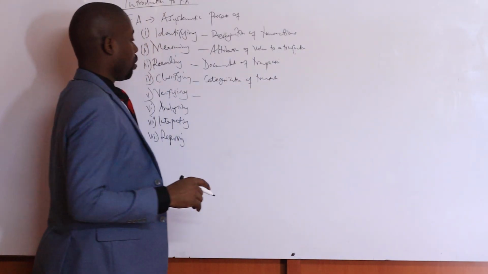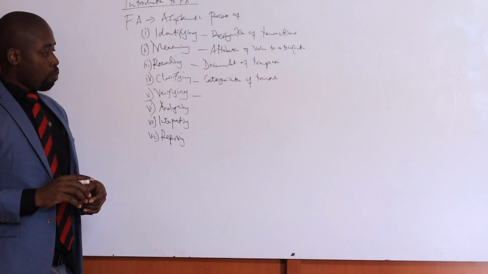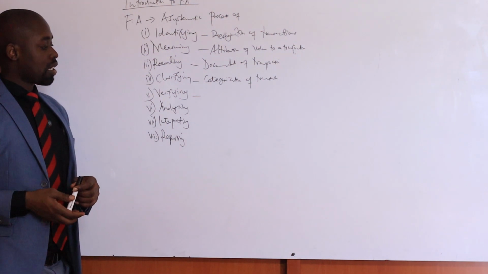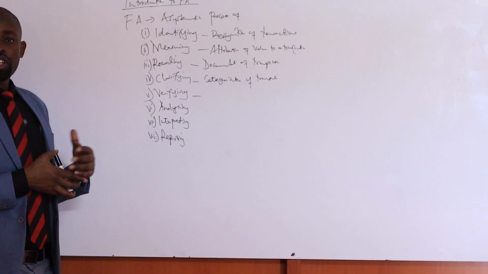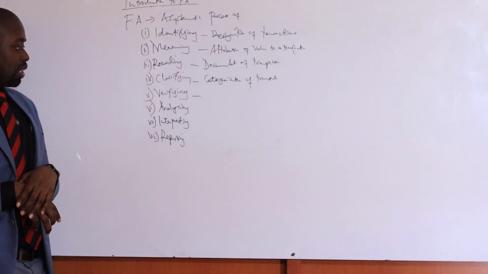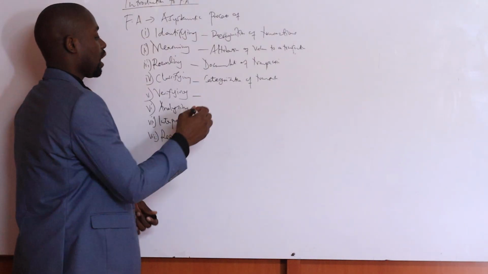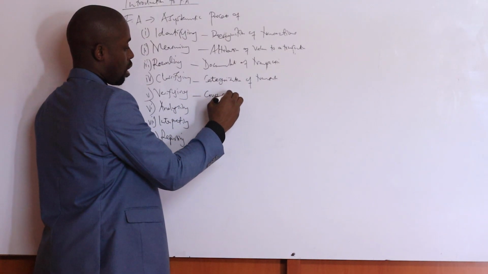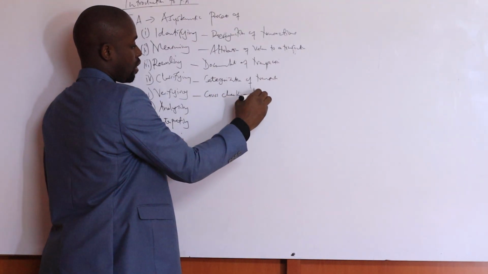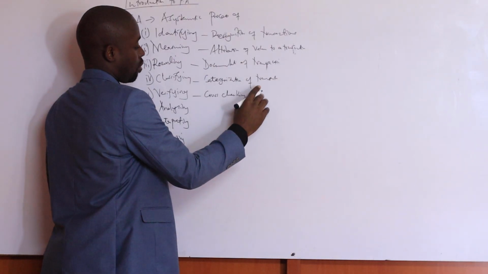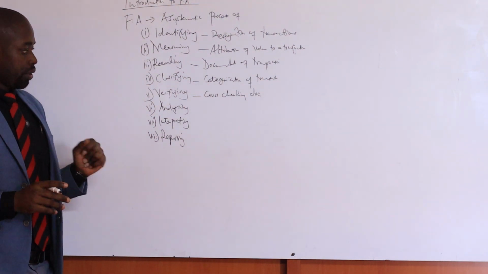And then verification. To verify something, you must have different records that carry similar information, and the different documents must be in tandem one with the other. There must be an agreement. So verification is the act of cross-checking related documents to a given transaction.